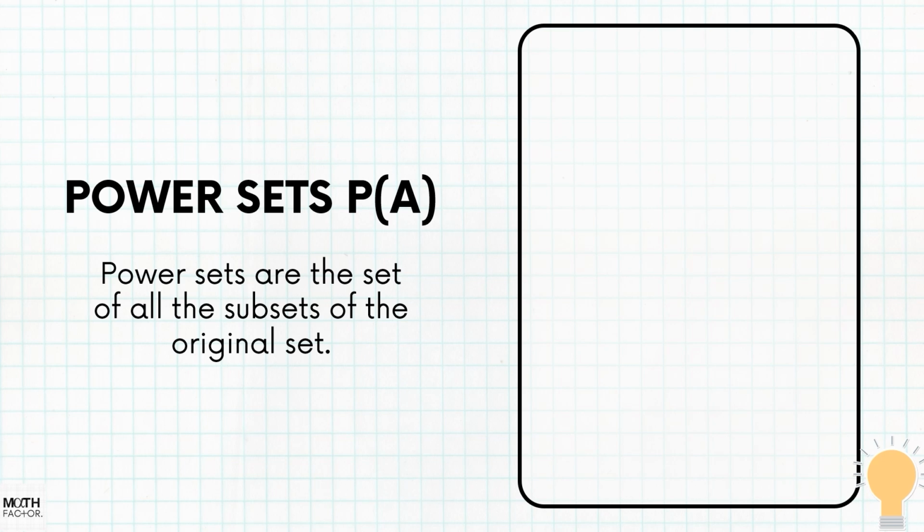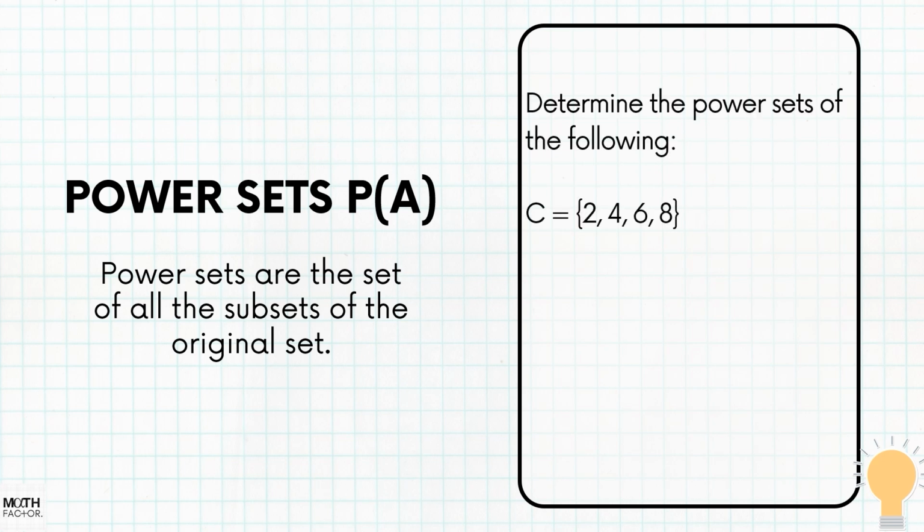Example, we have set C with elements 2, 4, 6, and 8. For subsets with one element, we have {2}, {4}, {6}, and {8}.